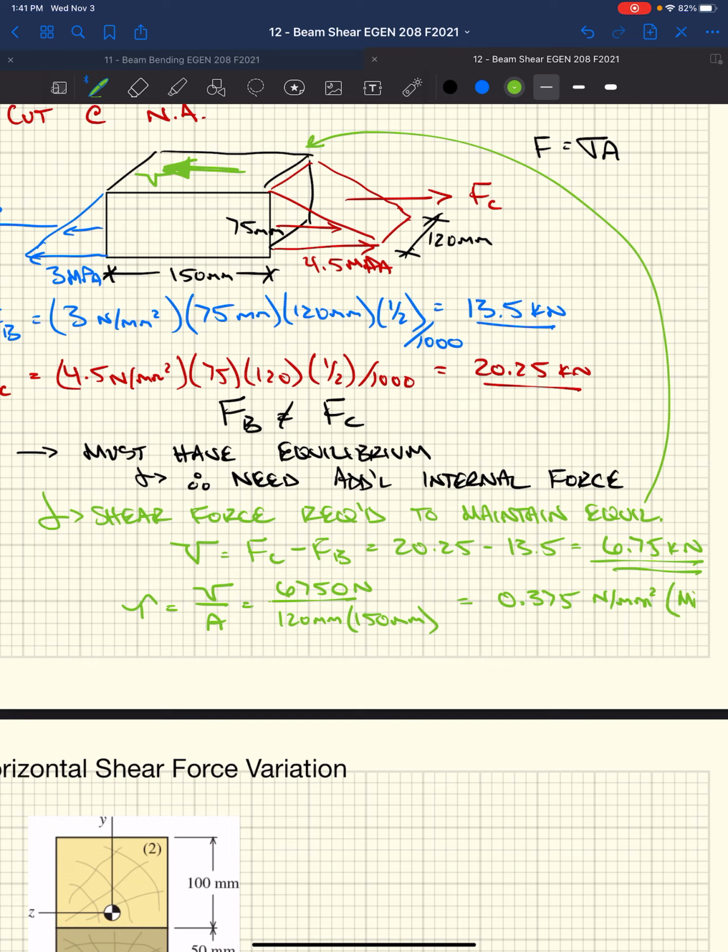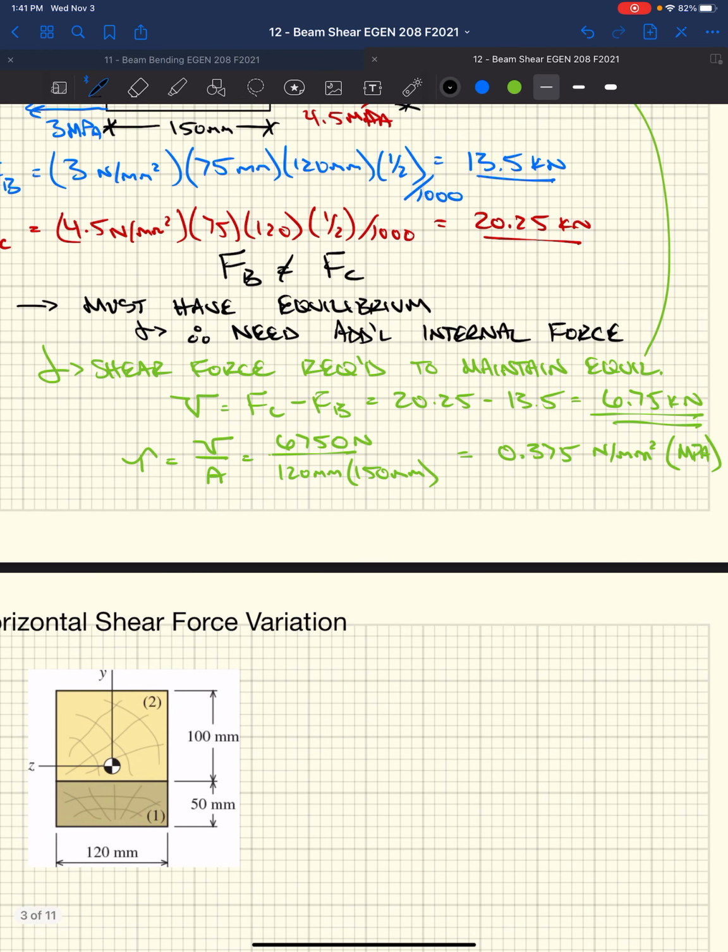This is megapascals. So we know the shear force, we can get the shear stress if we know the area over which it acts. Okay.